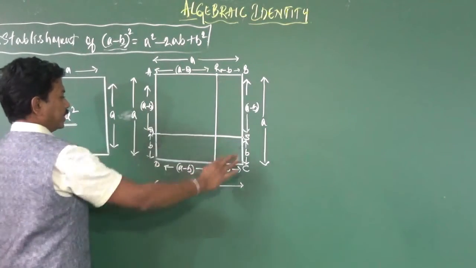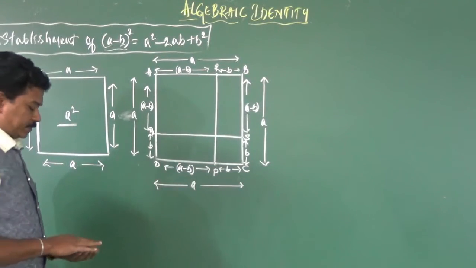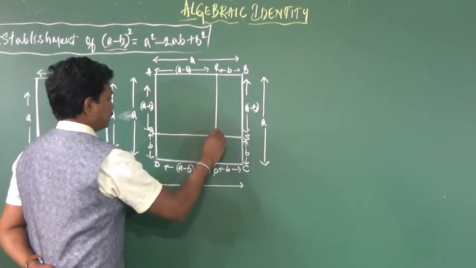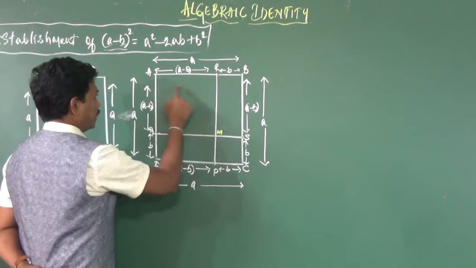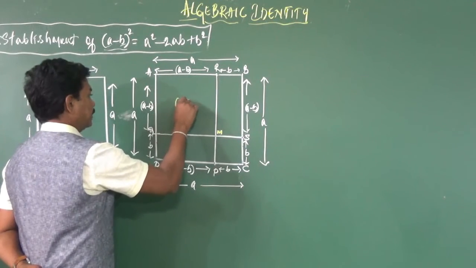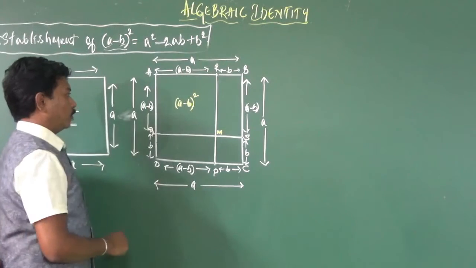So the entire square ABCD is divided into 4 different polygons. Let us write the sides of these polygons one by one. Here, AR, let us name this M, ARMQ is a square with side a minus b into a minus b, so the area of this square is (a minus b) whole square.